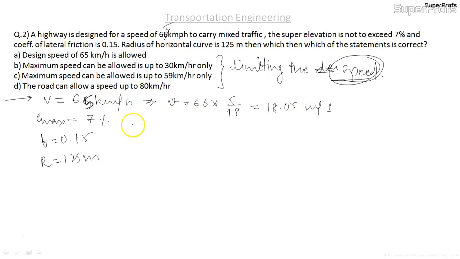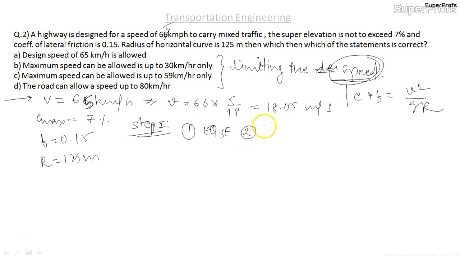So I'll write down steps distinctly. Step 1 is that our general equation is E plus F equal to V square upon GR. Step 1 has got two conditions. Condition number 1 is equilibrium super elevation, and secondly it considers mixed traffic.